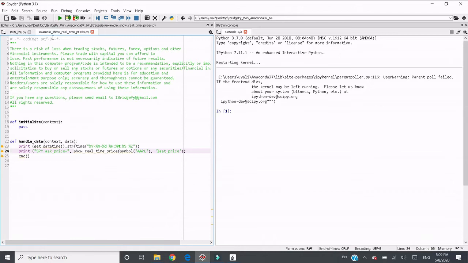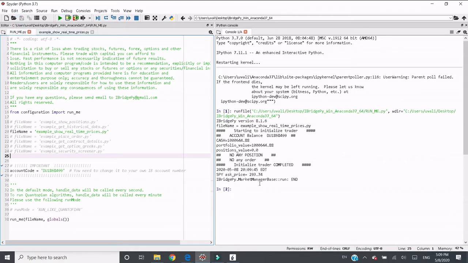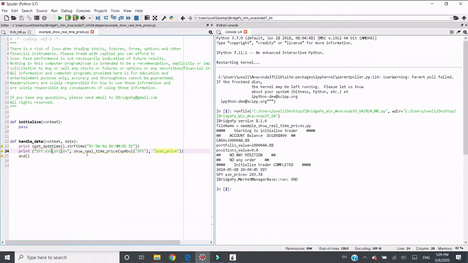So let's go to the example show_real_time_price. For example, I put SPY, and anywhere I need the real-time price, I just put show_real_time_price. For SPY, I put last price. Right now, the US market is closed, so I should not get any meaningful price. Oh, actually, I have. This is the last price because I put last price.